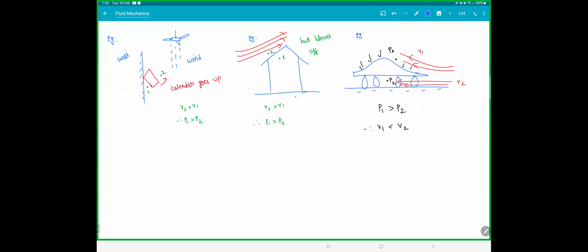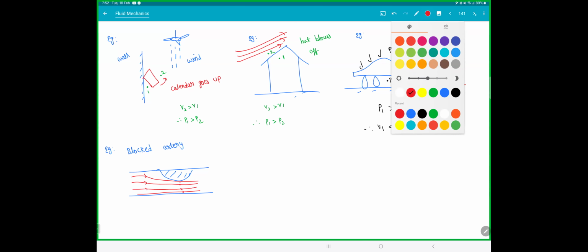Making sense? Now, if I go further, if you look at an artery, a blocked artery, you will see the artery got blocked. And now when the blood flows through this, because of that blockage there, the speed increases.